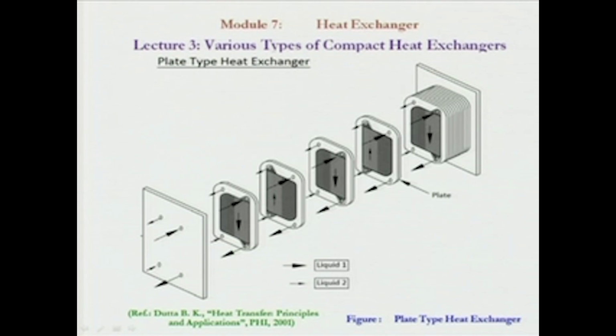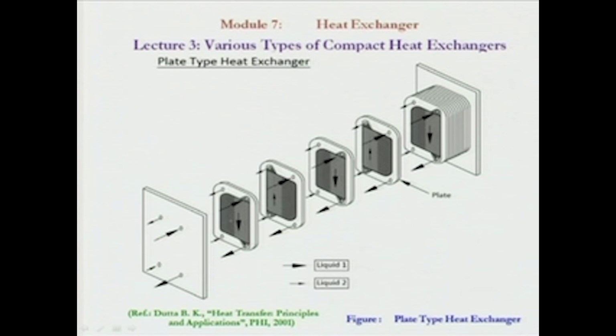This is the way the heat exchange takes place. The fluid is coming, passing through this, then going to this, and then it is collected back. This is the hot fluid going up and then collected back. So this plate is acting as a barrier.